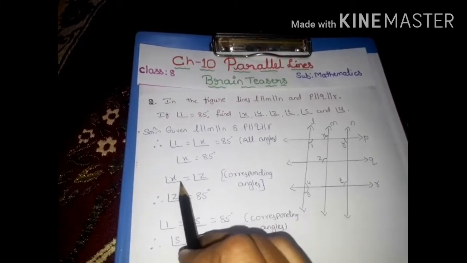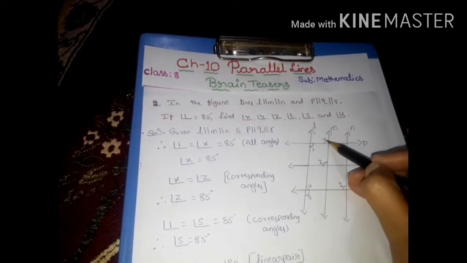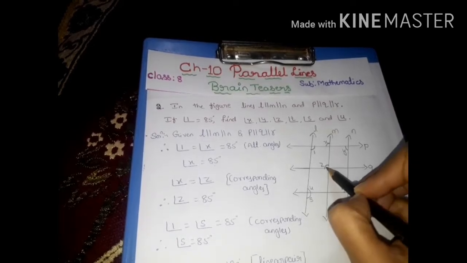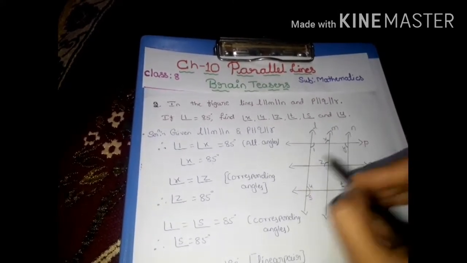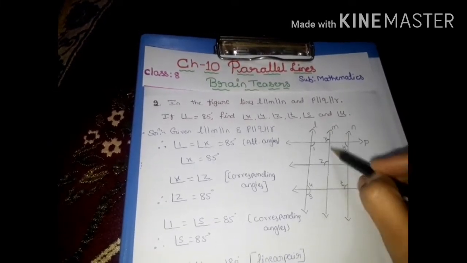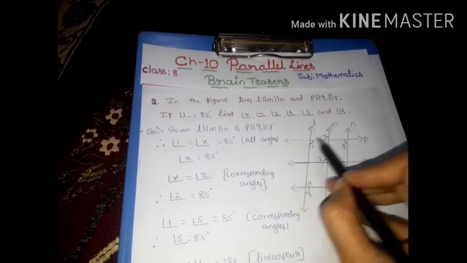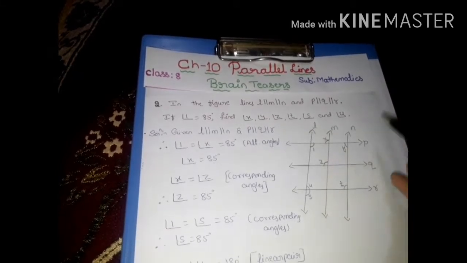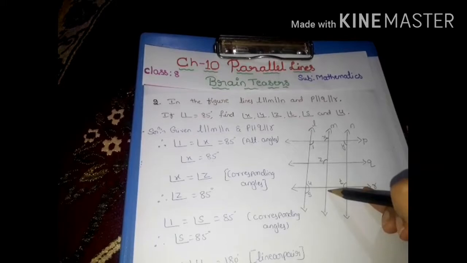Then angle X and angle Z are corresponding angles here, when line P is parallel to line Q and M acts as a transversal. Just ignore all the remaining lines. Just consider line P parallel to line Q, with M as a transversal.